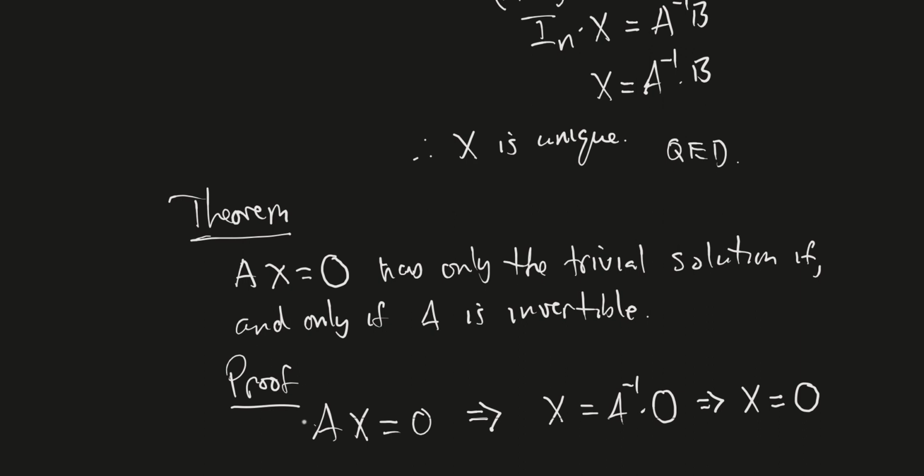You can think about what that might mean: if this system only has a trivial solution, then how can we conclude that the matrix is invertible? So there's a little thing for you to think about. But this proves one direction, and this is the direction that's most useful for us at this point. So that's our QED.